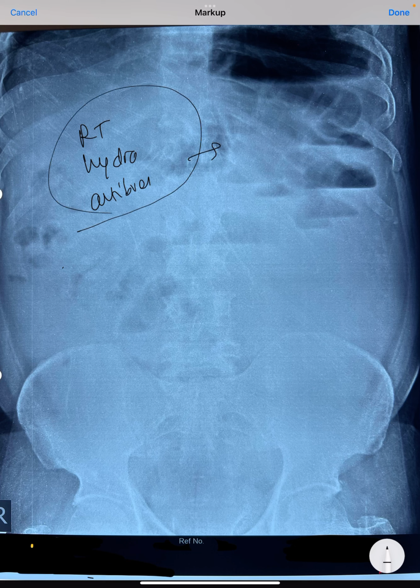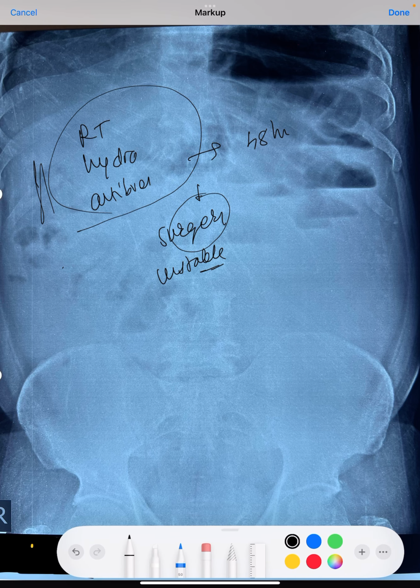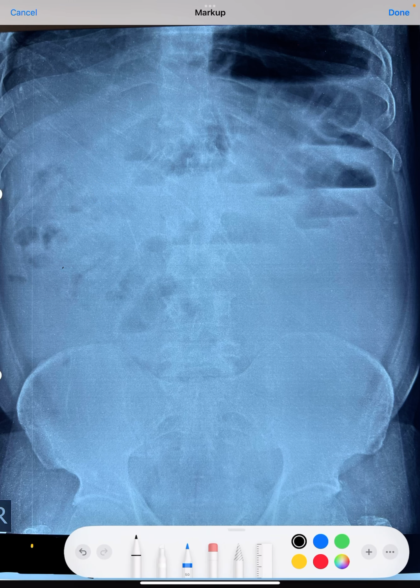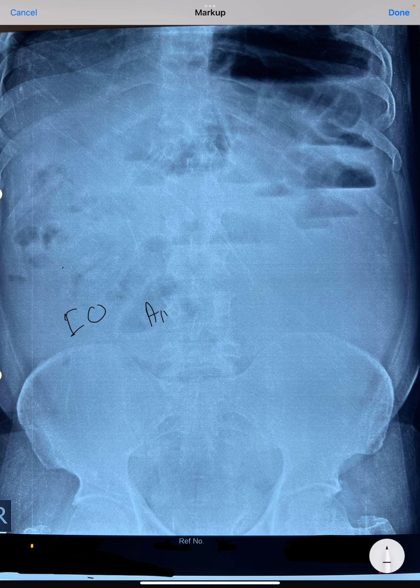If it doesn't get better within 48 hours, then surgery is usually indicated. Surgery is also needed if the patient is very unstable, in very bad sepsis and worsening, if this traditional therapy is not helping, or if the patient has multiple earlier surgeries causing adhesions. So this is in short all about a very typical intestinal obstruction with multiple air fluid levels, which has to be at least more than 3 air fluid levels. Thank you.